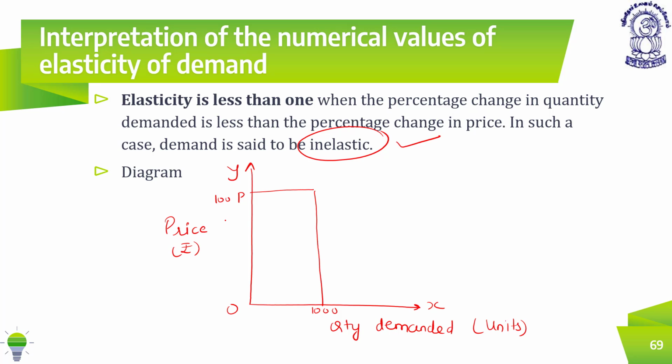The price falls from 100 to say 50, but there is only a slight increase in the demand, from 1000 to 1200, and this demand curve is a bit steeper. So elasticity of demand is less than 1. I believe it is clear to all of you.